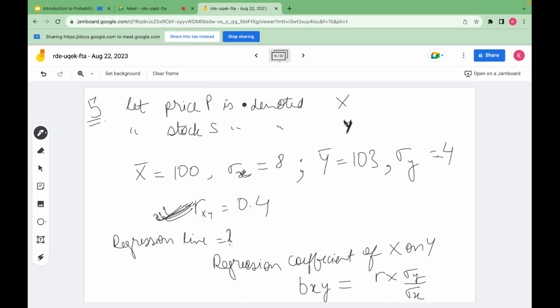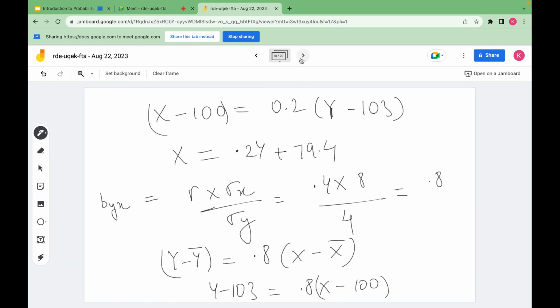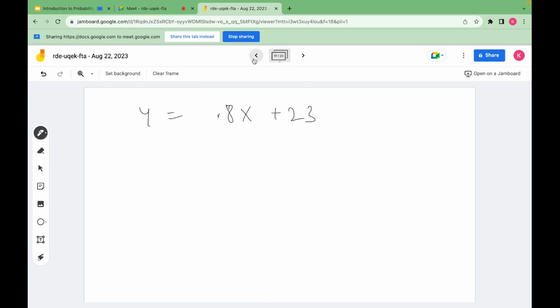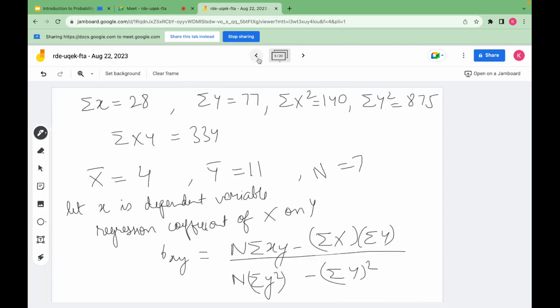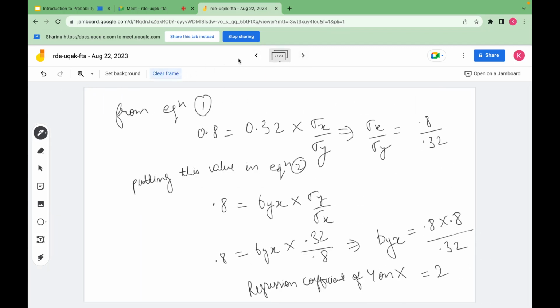We just denoted this P with X and S with Y. Then with this correlation coefficient and this sigma X and sigma Y, we found this regression coefficient, and then we used this regression coefficient to find our regression line. Okay. So now moving on to the next question.